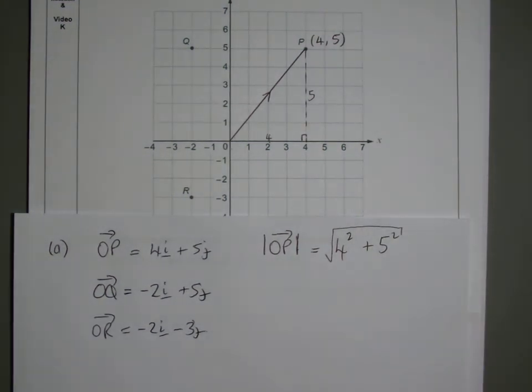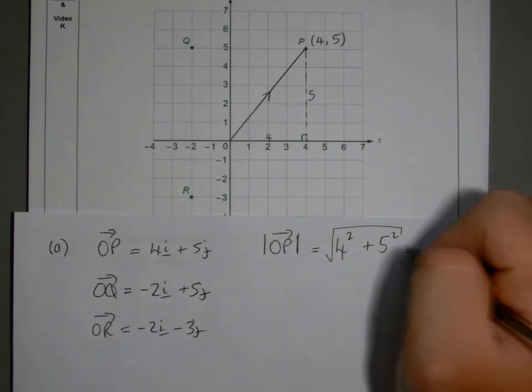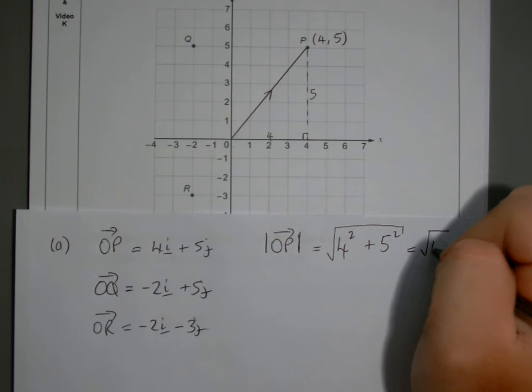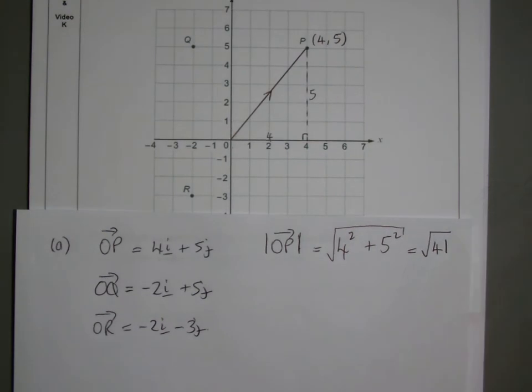It's fine to use a calculator on this, and sometimes they come out nice. In this case, it comes out to be the square root of 41. So we've found the actual magnitude of it.